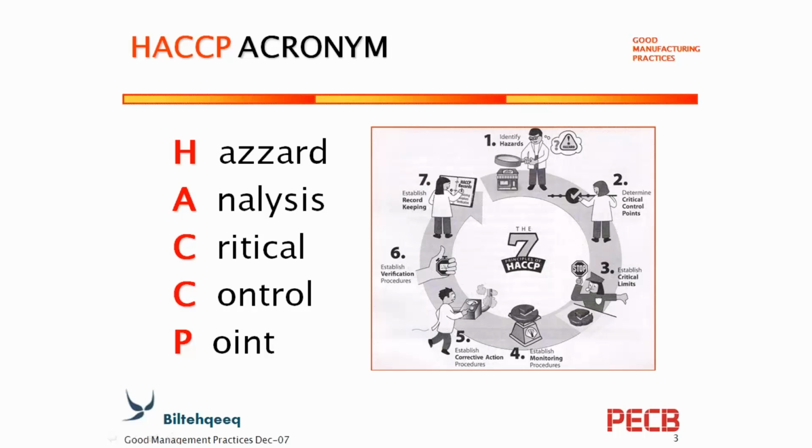These hazards can destroy your food through persons, through machines or through material. So you have to first identify the hazards, then develop how you will control them and at which point you have to control them. This is a continuous cycle, and it is based on 7 elements. We will discuss these 7 elements in the coming slides.